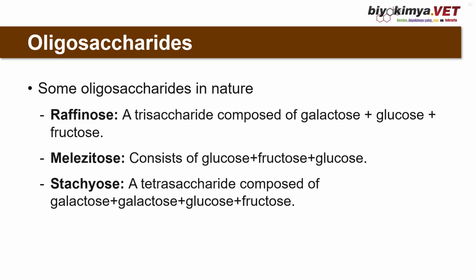And stachyose, a tetrasaccharide composed of galactose, glucose, and fructose. Another way to say it is that it is a galactose derivative of raffinose, formed by attaching one more galactose molecule to the raffinose. It's a tetrasaccharide found in plants. And there are other ones in nature, such as manninotriose, verbascose, etc.